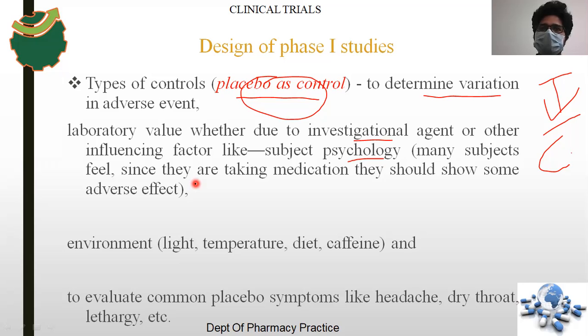But if it is pain or certain stomach upset or gastric burning, that we cannot see. So sometimes people have a psychological expectation: okay, we are taking a drug, we should have certain symptoms. So these kinds of things will be there, right?